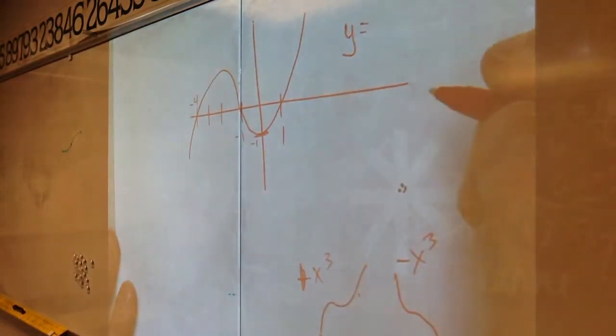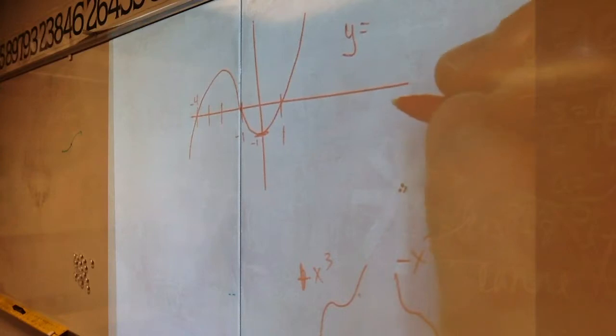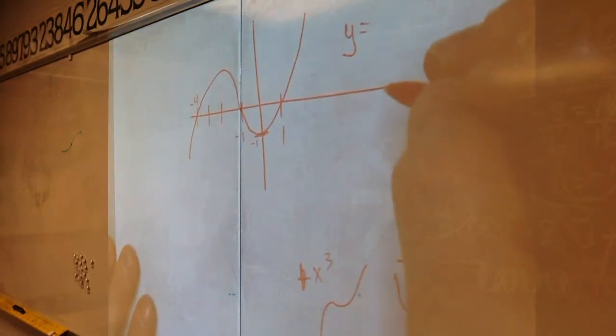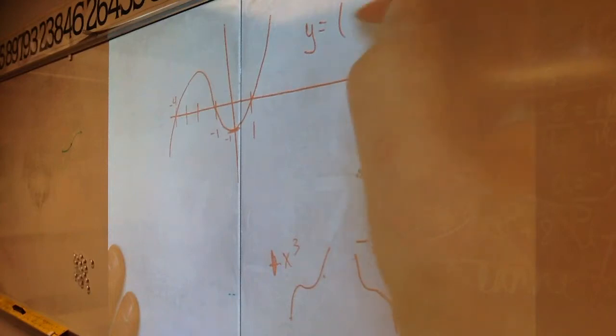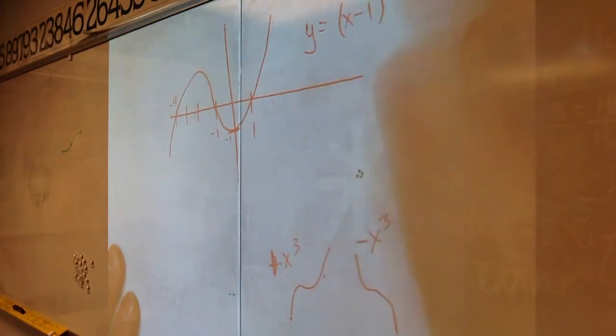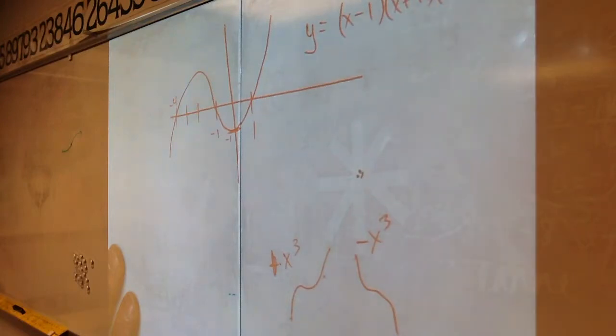What would the equation be? That's one of them, x minus 1. And x plus 4. It'd be like that, right?